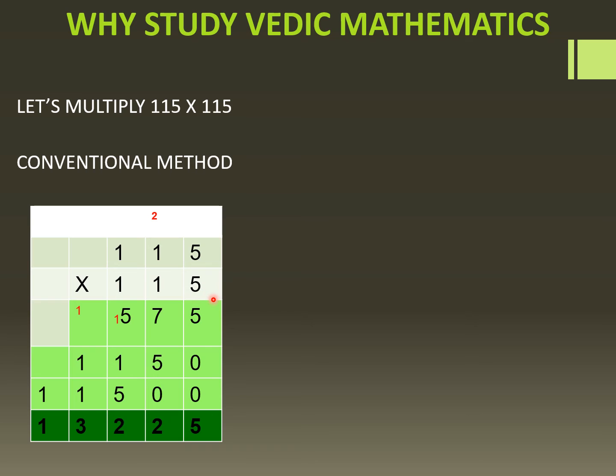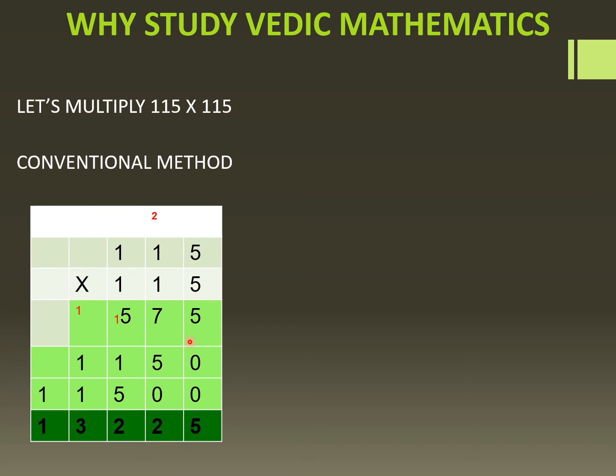The first step would be to multiply 5 with 115. So 5 5s are 25. The 2 is carried over. 5 is down here. 5 1s are 5 plus 2 from the carryover, which is 7. And 5 1s are 5. That is the first step.